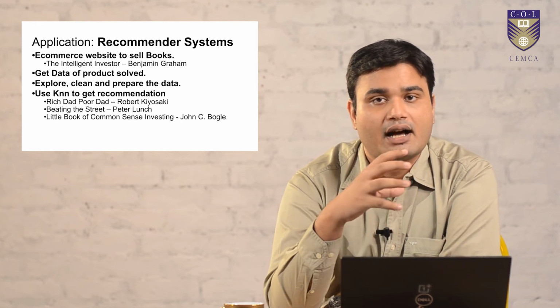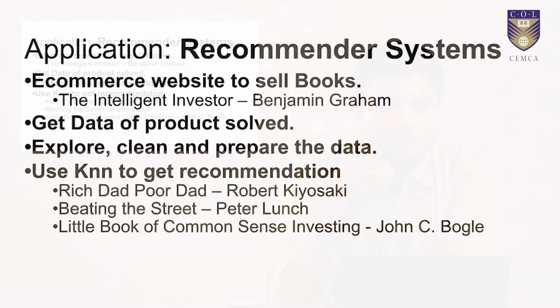On using our KNN algorithm, we find that Rich Dad Poor Dad by Robert Kiyosaki, Beating the Street by Peter Lynch, and The Little Book of Common Sense Investing by John Bogle are some of the close proximity books to The Intelligent Investor, and these would be ideal recommendations for your customer, since he has already purchased a similar book, he is likely to buy another on the same subject matter. So this is where we can use KNN algorithms to solve real business problems and generate incremental revenue for our clients.